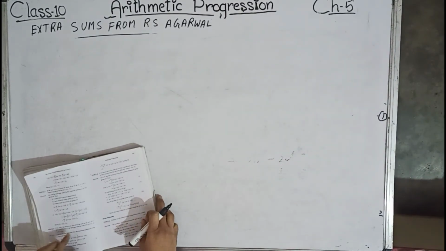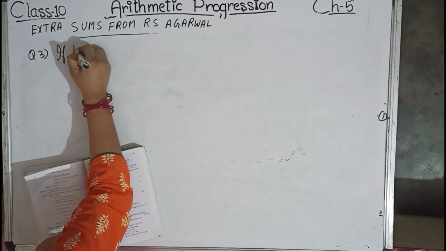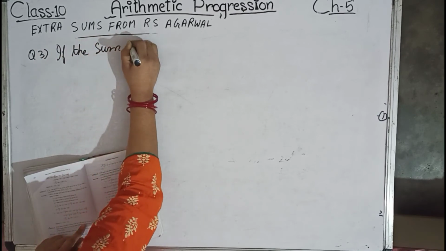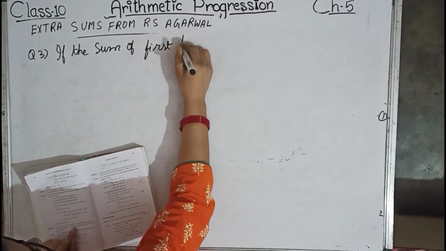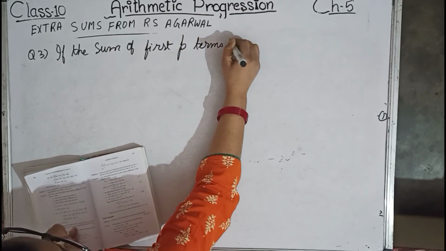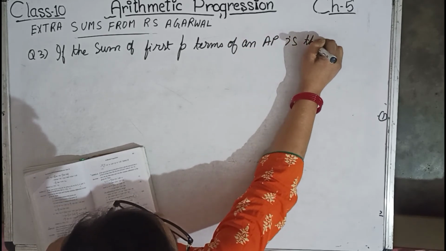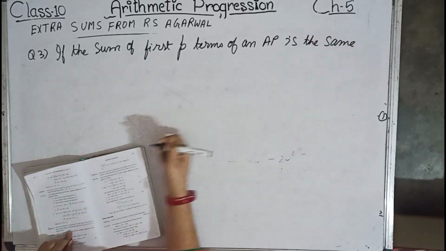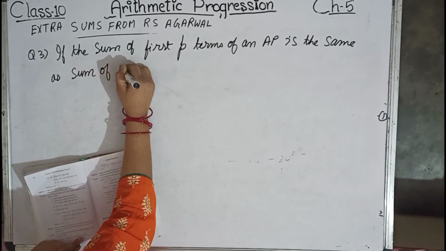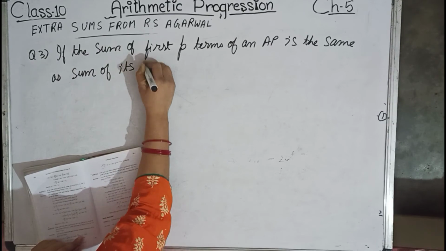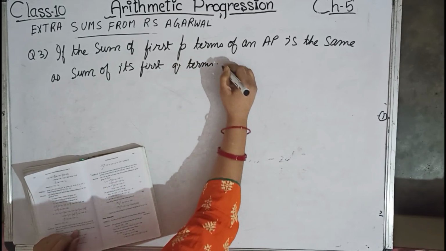This sum is saying, if the sum of the first p terms of an AP is the same as the sum of its first q terms, then show that the sum of its first p plus q terms is 0. Question 3.